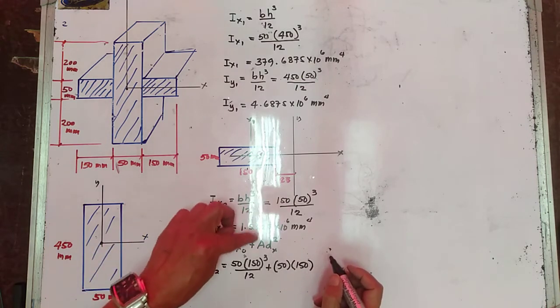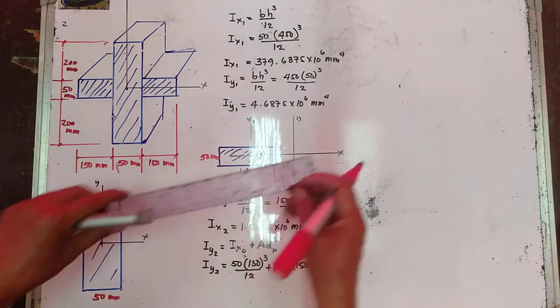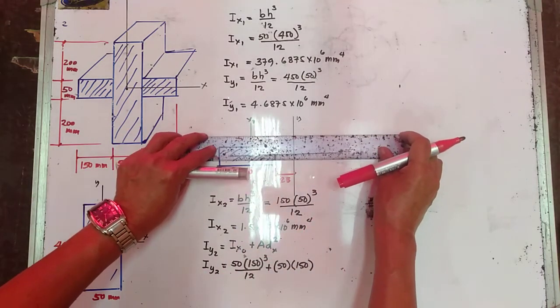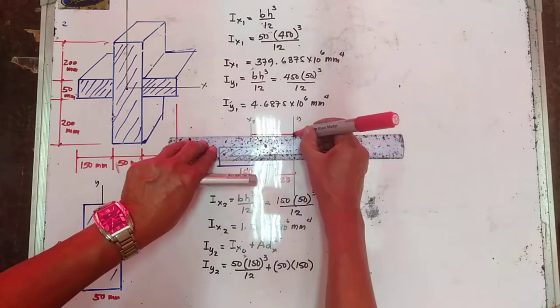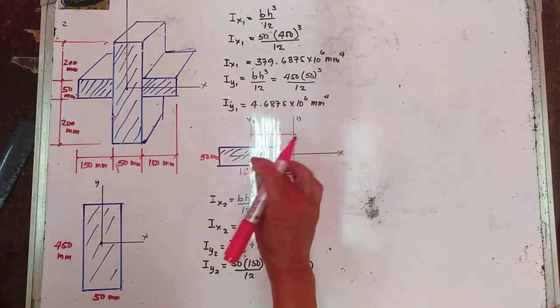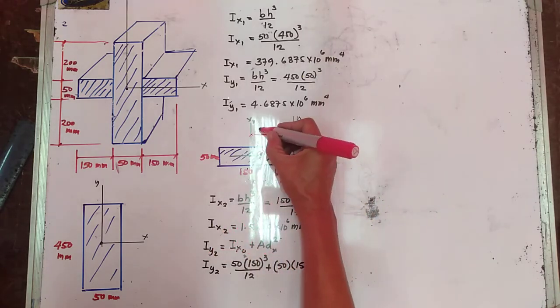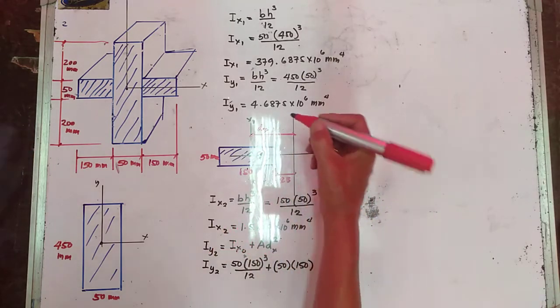That is your A. And your dx is this distance, the distance from the centroid of this area to the y-axis.